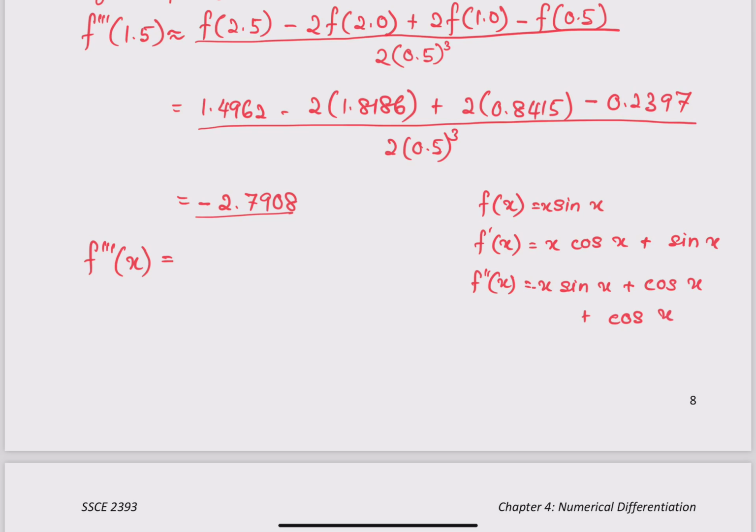And so now your third derivative is minus x cos x, minus sine x, minus sine x, minus sine x.